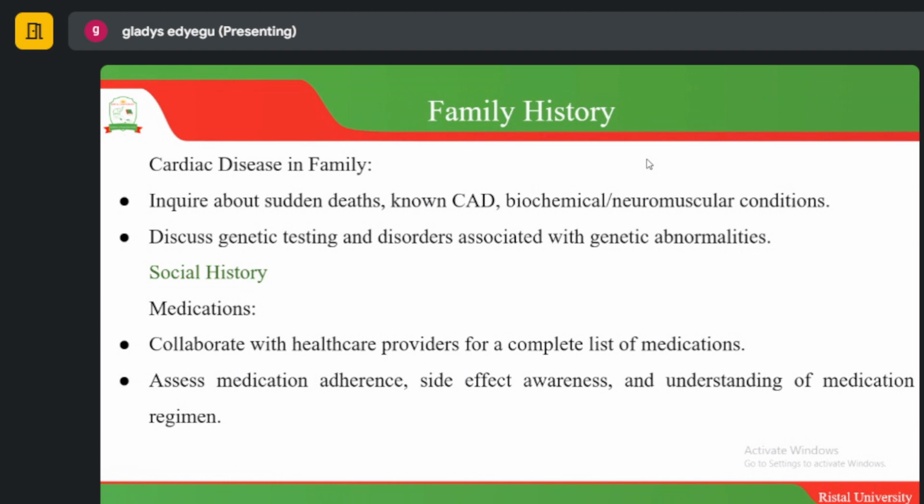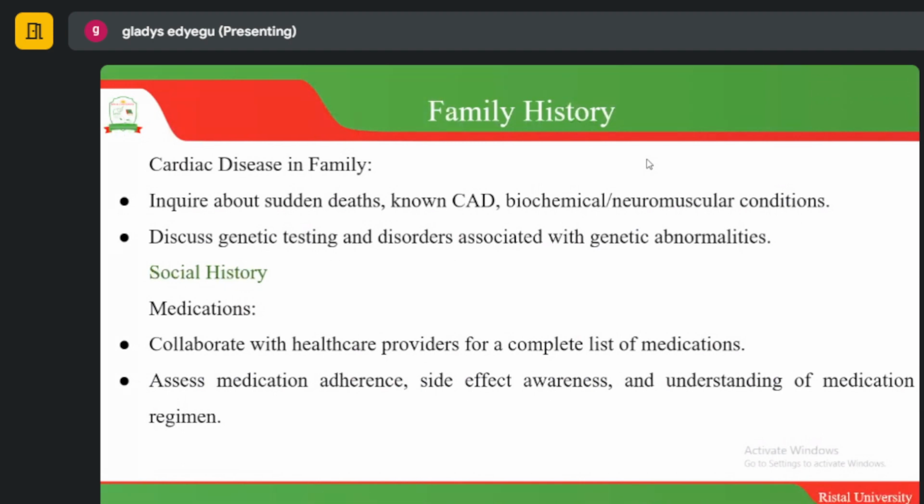Then on the social history, talk about the medications. When you ask these patients about the medications that they are taking, find out how they are taking these medications, what kind of medications they are taking, and for what kind of conditions.